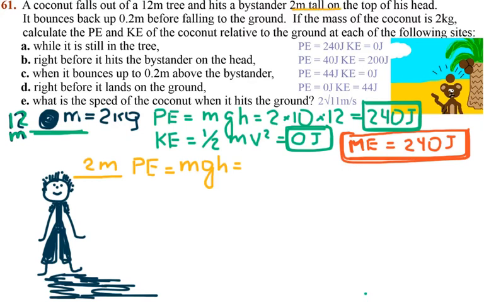So we started with 12 meters. It's about to hit the bystander. So I can calculate the potential energy of the coconut right before it hits the bystander. So the mass, g, and the height is 2.